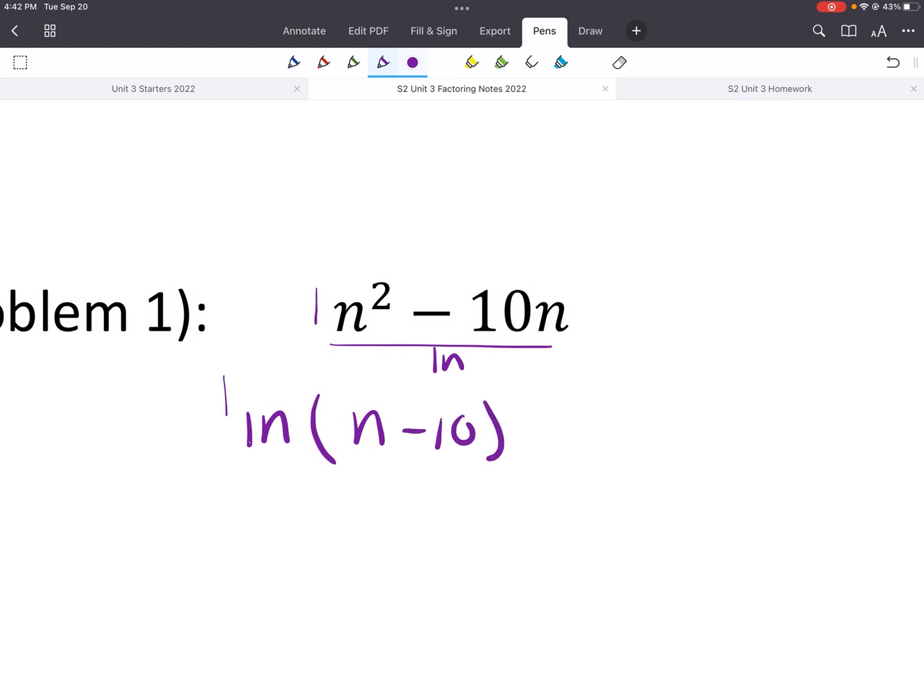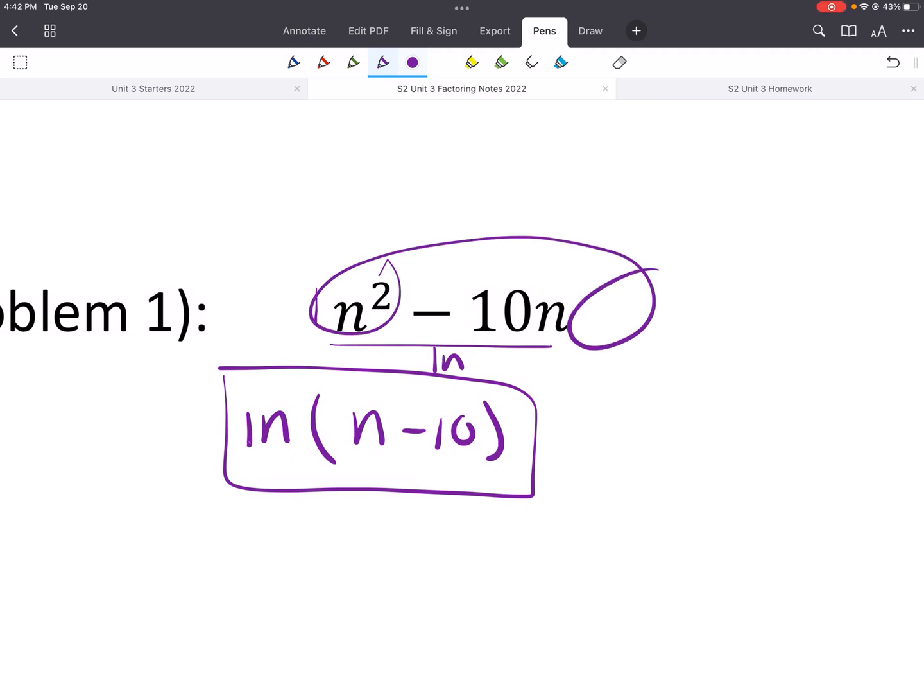Okay, that is our answer. This can't be simplified any further. We can't do the box because we don't have an x squared anywhere. So always check and see if there's a greatest common factor first. If you tried to do the box first, this would be like plus 0. So you need to find something that multiplies to 0 and then adds to negative 10.